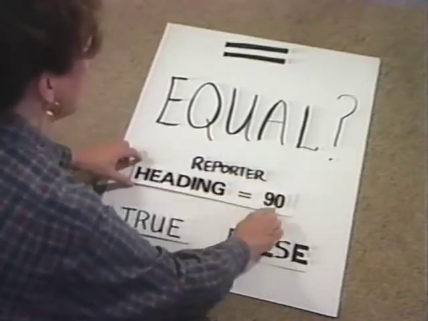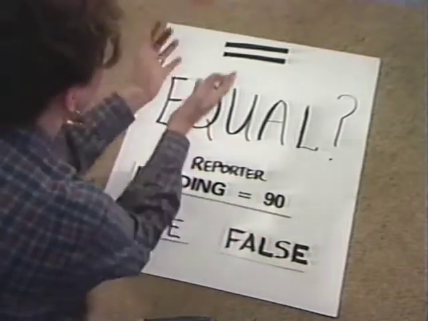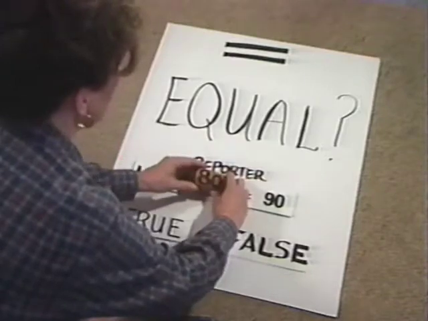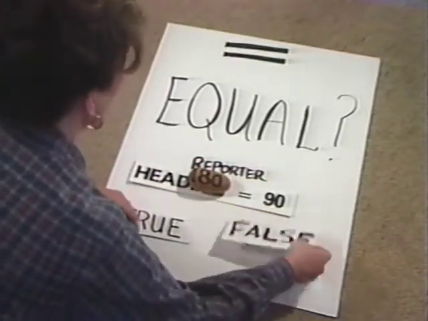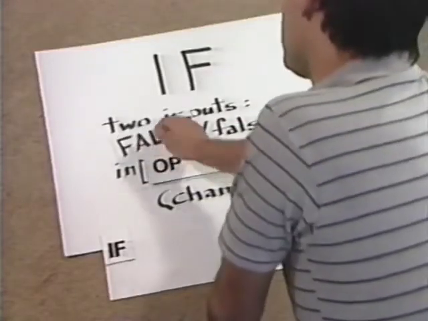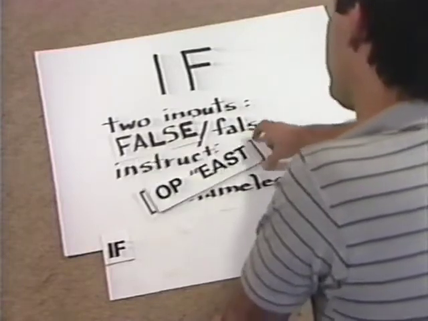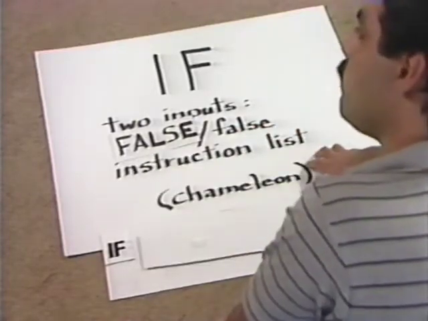My first one is 90, but I need another. Heading? 180, my second input. 180 is not 90, so my output is false. Well, my input is false now. I guess I won't be able to run this. Compass, wake up. I'm finished.